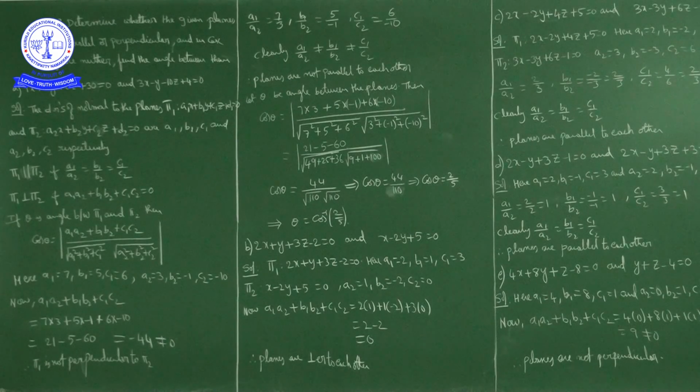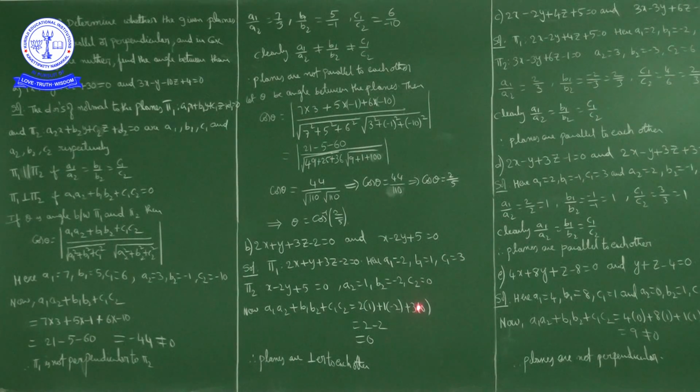Now a1 is 2, b1 1, c1 3, a2 1, b2 minus 2, c2 0. Now I'll calculate a1 a2 plus b1 b2 plus c1 c2. So how much is it? a1 a2 is 2 into 1, plus b1 b2 is 1 into minus 2, plus c1 c2 is 3 into 0.